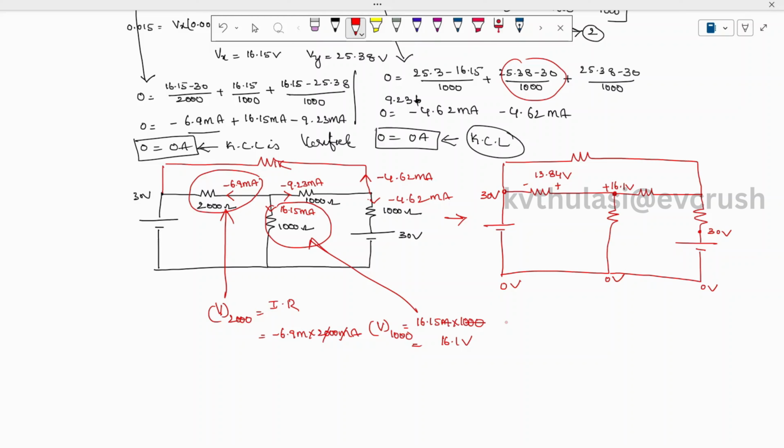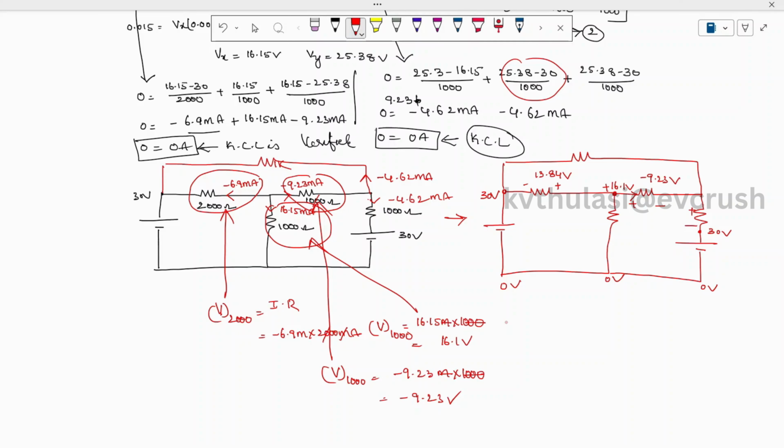And when you find the drop here, the voltage at this 1000 ohm resistor is equal to minus 9.23 milli into 1000, milli will get cancelled, and minus 9.23 volts. So in this direction you are going to get minus 9.23 volts.